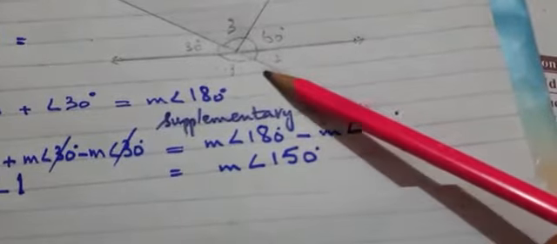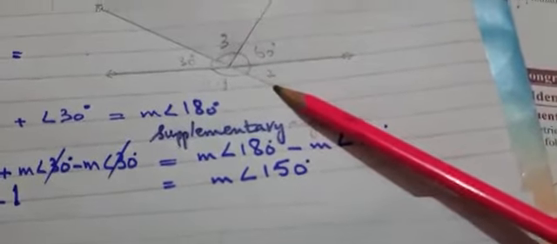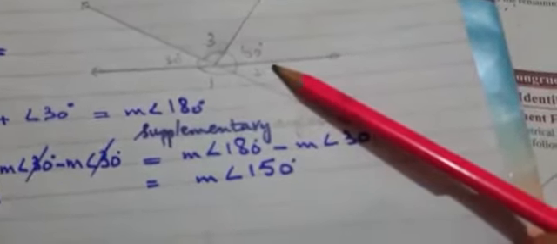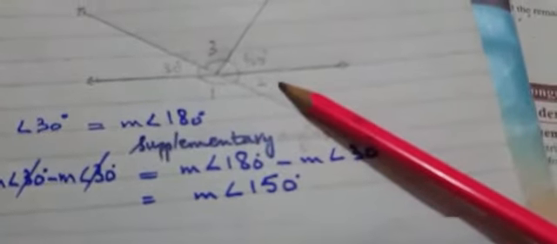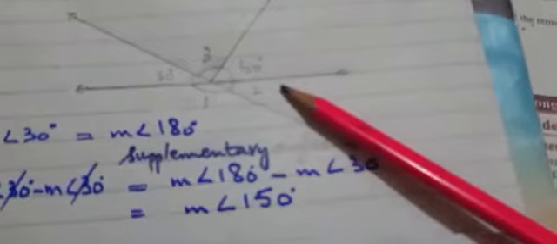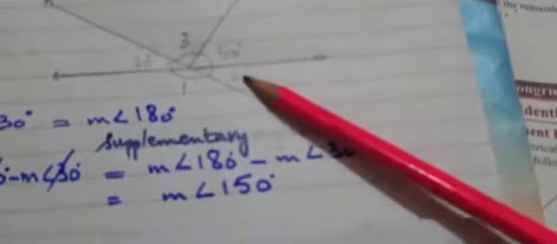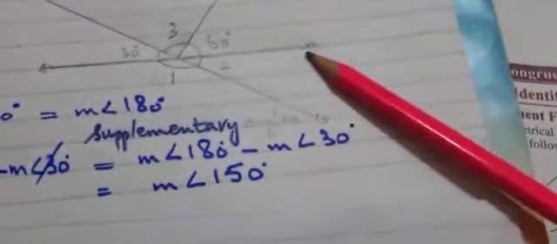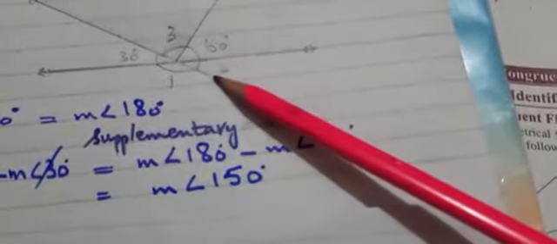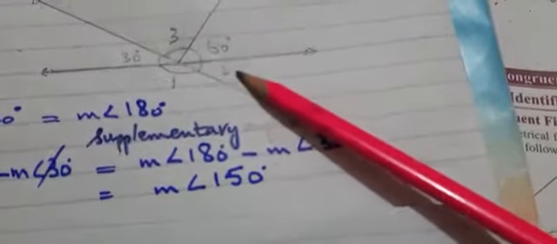This arm is being shared by angle 2. They both share this arm, but we cannot take help from angle 2 which is also unknown. Although they are adjacent angles and their sum is 180 degrees, we cannot take help from it because both are unknown.